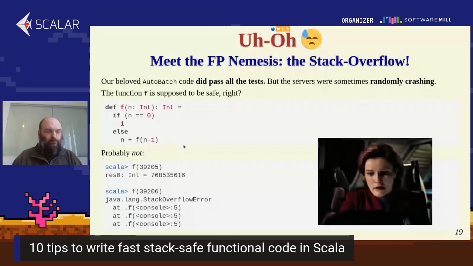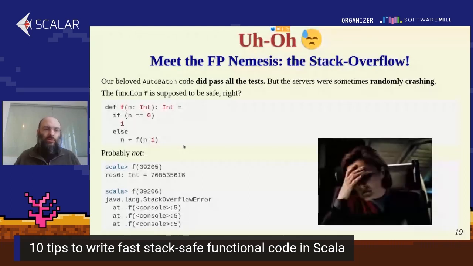So what's the problem? The problem is, as I told you, all our tests were green. But the server was randomly crashing. Actually, the culprit was this function. A very simple function: take an integer n, and I return 1 added to itself n times.